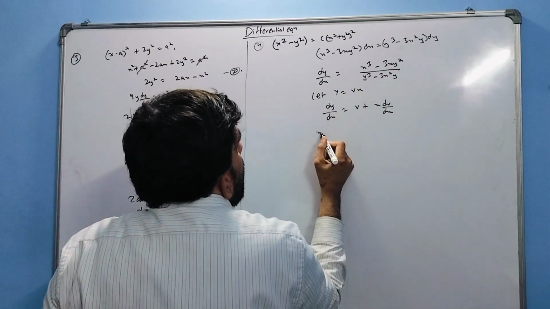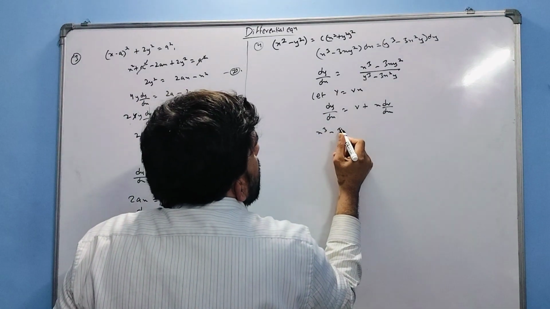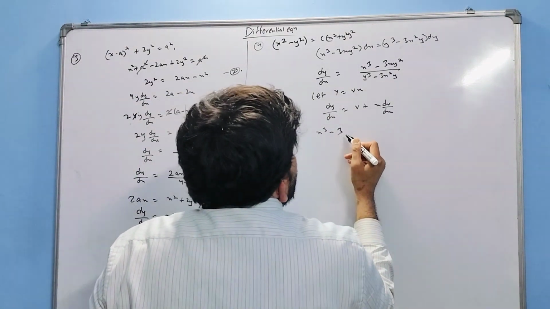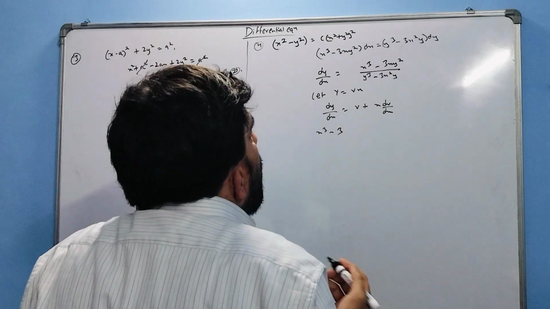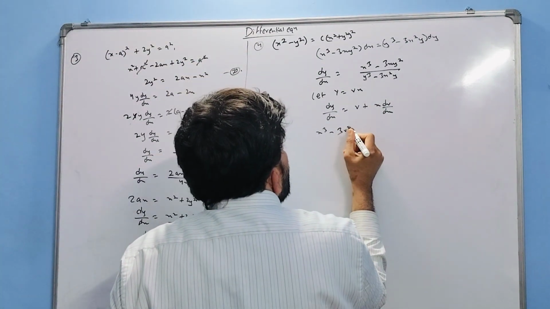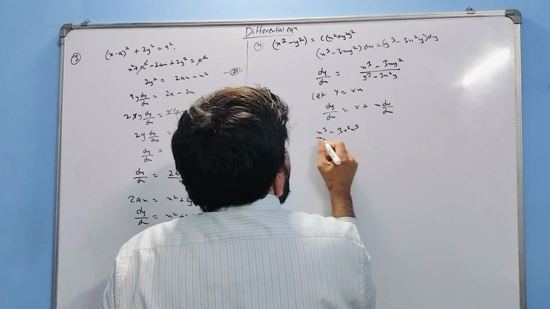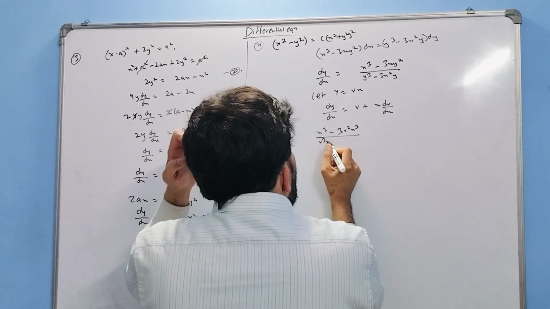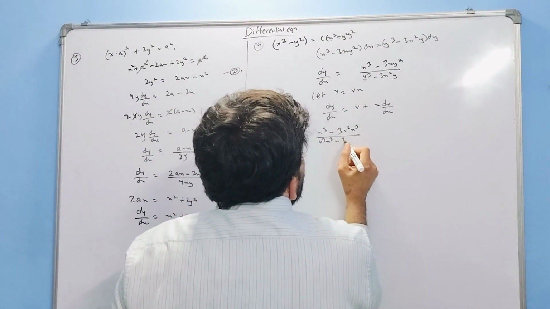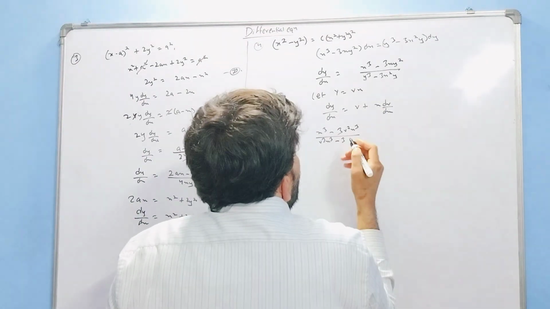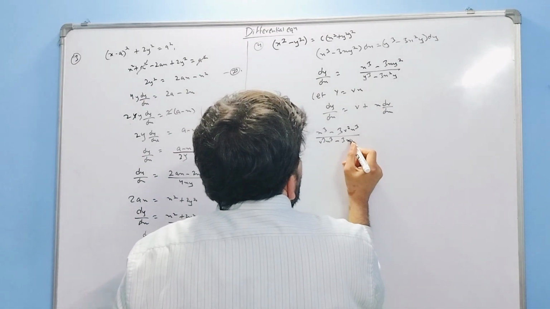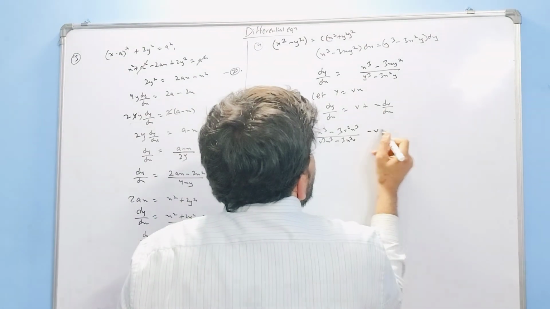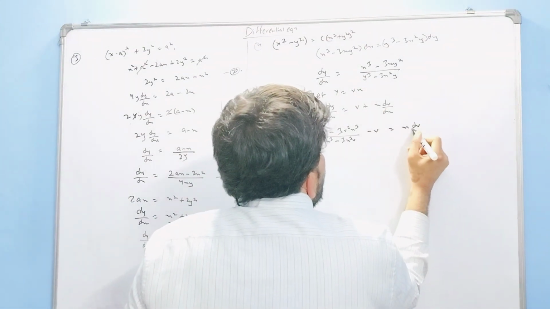Now put this value, substituting y is equal to vx. So we have x cube minus 3 into x into v square x square, upon v cube x cube minus 3 into v x cube, minus v is equal to x dv upon dx.